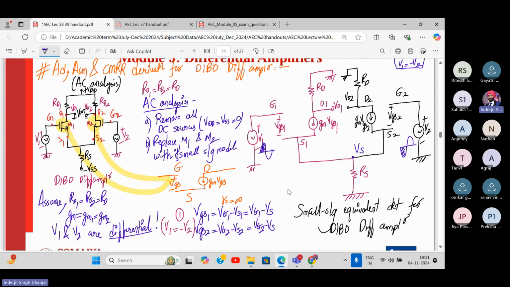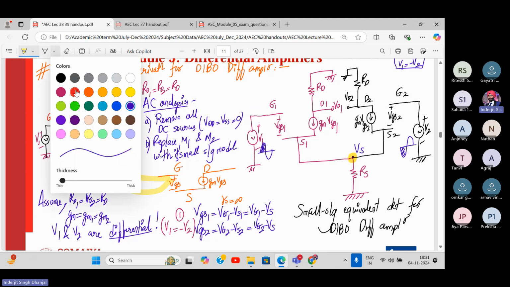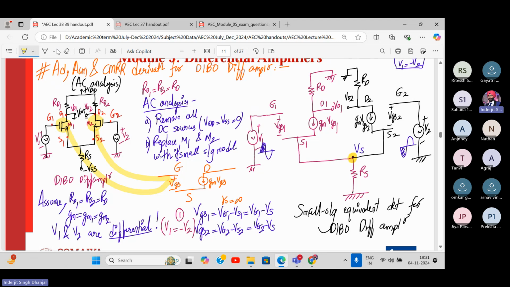Second step is we apply the KCL at node VS, at this node. Now you need to tell me which are the currents flowing. First current flowing is this current source, which is nothing but GM into VGS1.